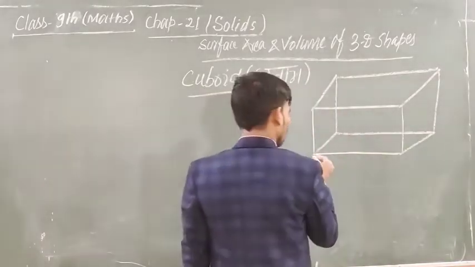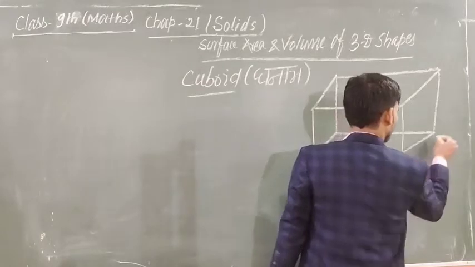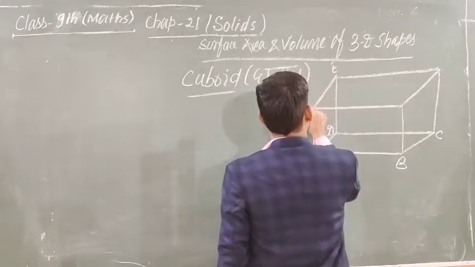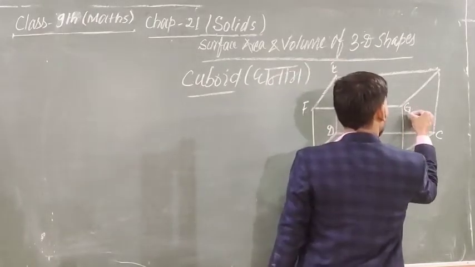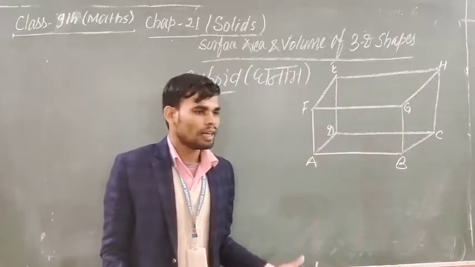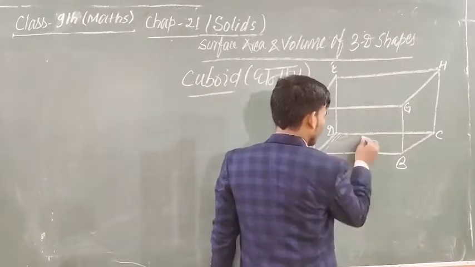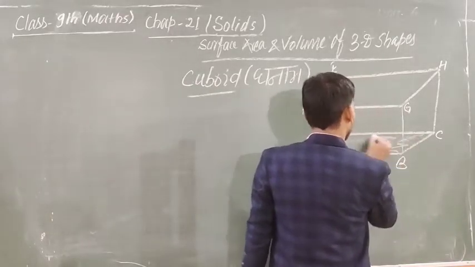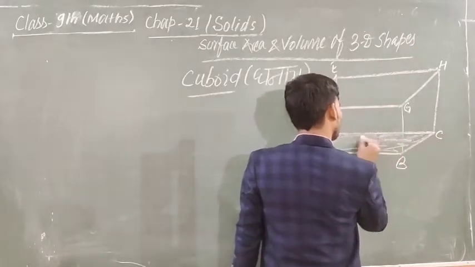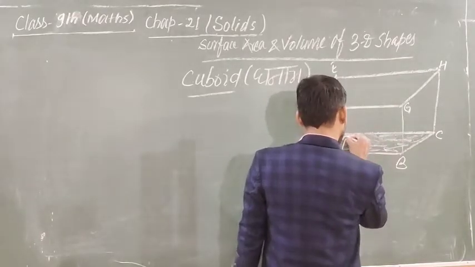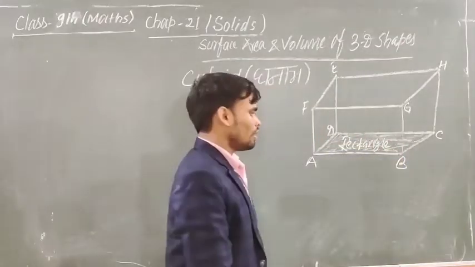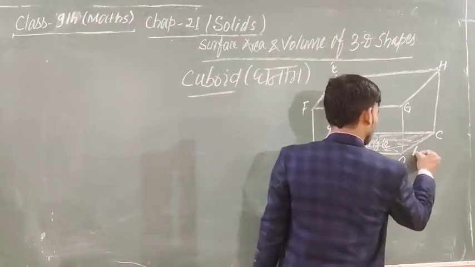This is a cuboid, A, B, C, D, E, F, G, H. This is the base of the cuboid, which is in the shape of a rectangle. Means the cross section of a cuboid is a rectangle. Got it? If this is the length, then this will be the breadth of the rectangle.